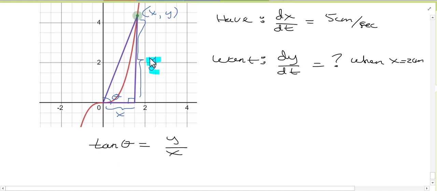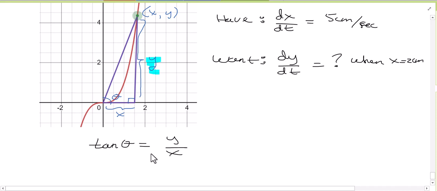But now, the thing that's going to be different about this is that I am not going to change y into x cubed as I had before. Because here, I want my formula to be in terms of x and y.